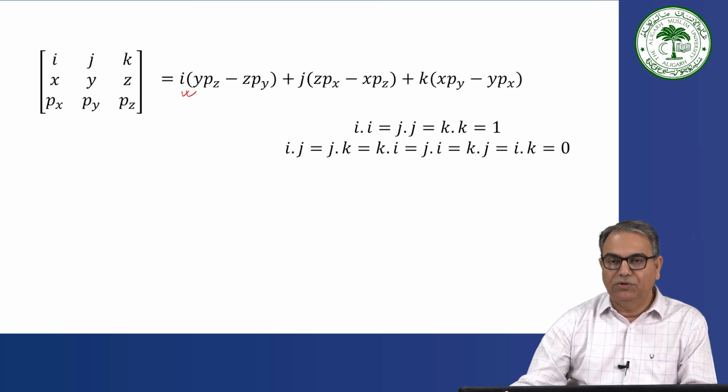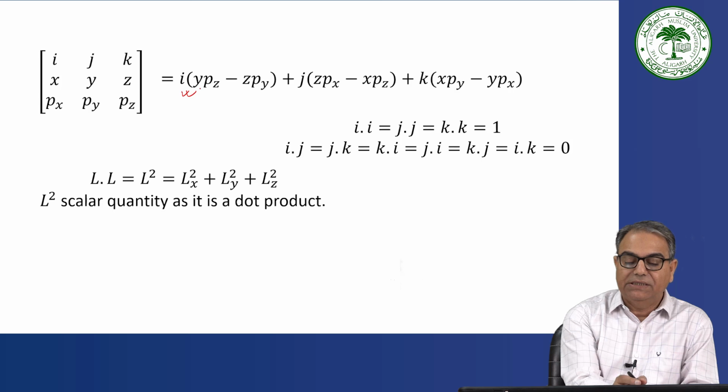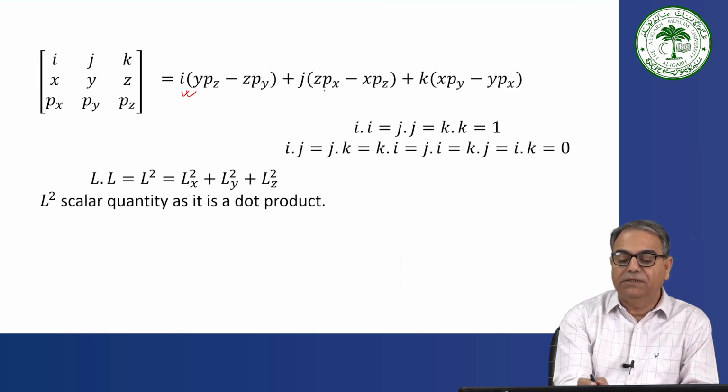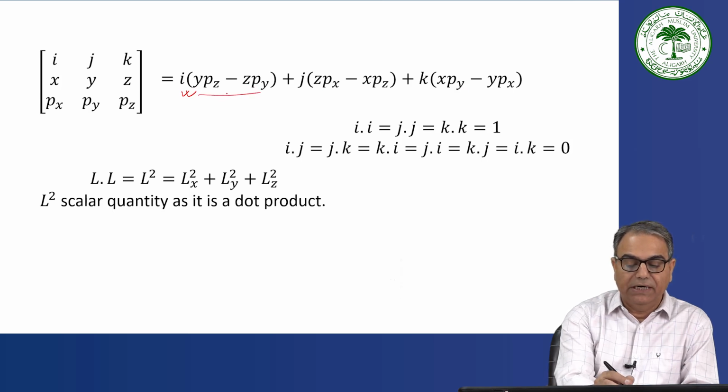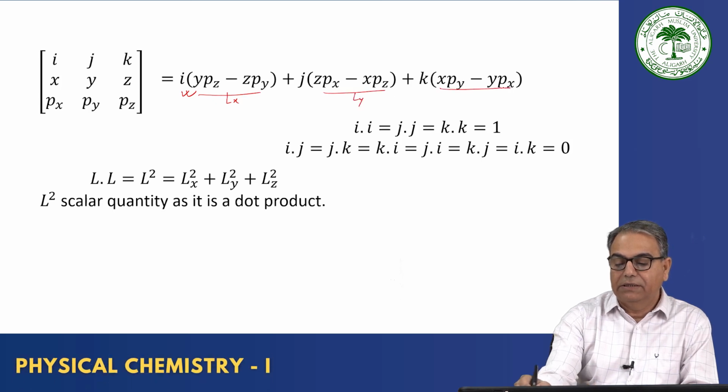This you should know to make a differentiation between the cross product and the dot product. Okay. What we say is that we can represent this as the Lx component, this as the Ly component, this as the Lz component. So we can say this as Lx, this as Ly, this as Lz component.